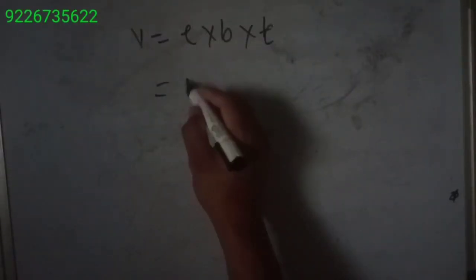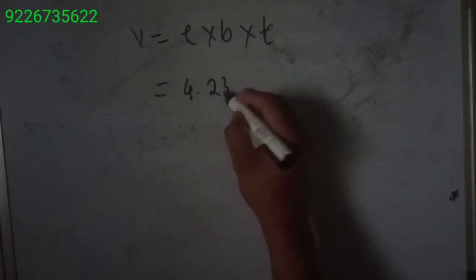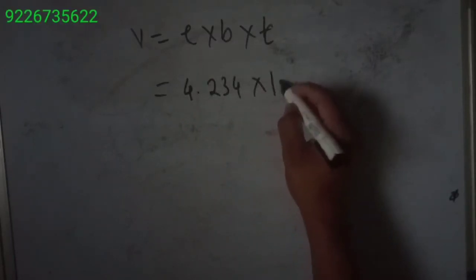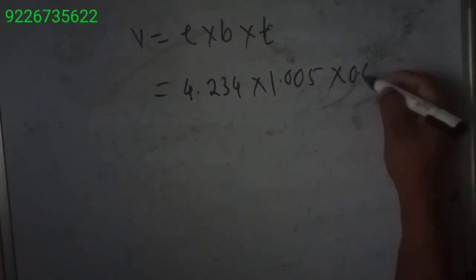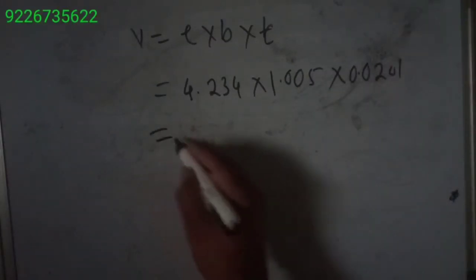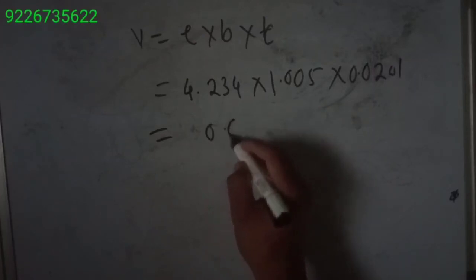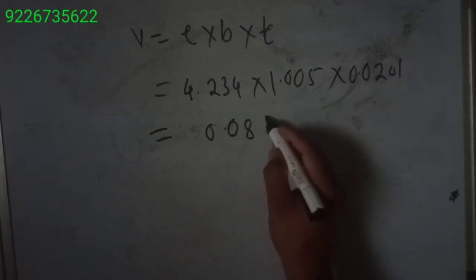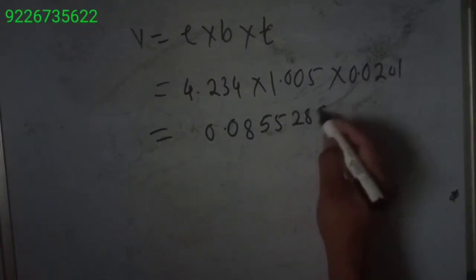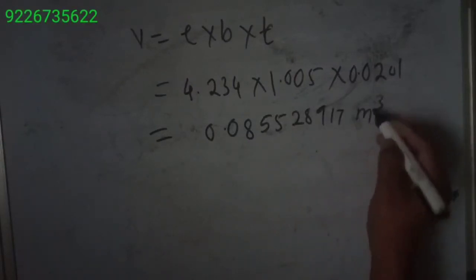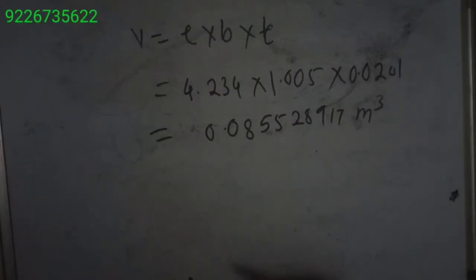Volume is L into B into T. So the value of L is 4.234, B is 1.005, and the value of T is 0.0201. By calculating it we get 0.085528971 meter cube.